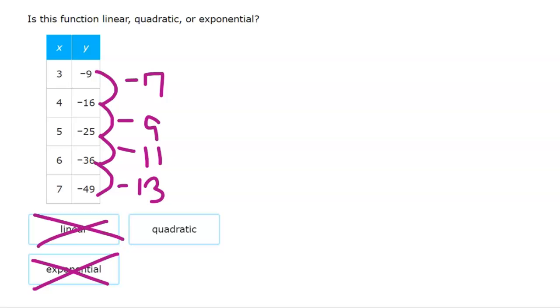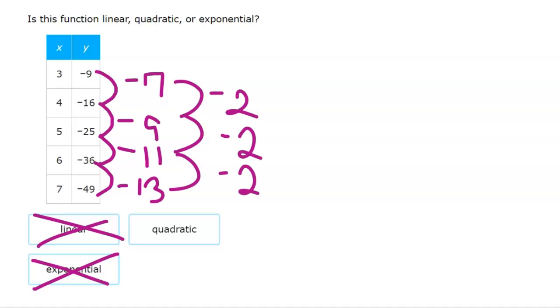The only one left is quadratic, but let's go ahead and look at why it's quadratic, so we make sure we understand that. We are going to go down by 2 from -7 to -9. We're going to go down by 2 more to get from -9 to -11. And we're going to go down 2 more.